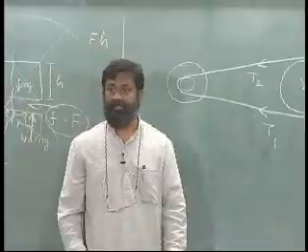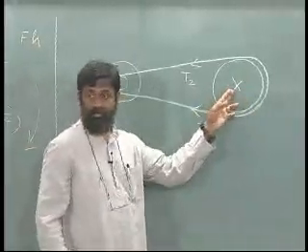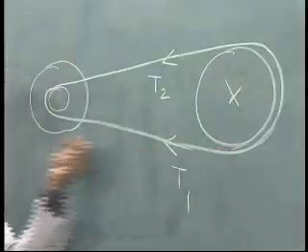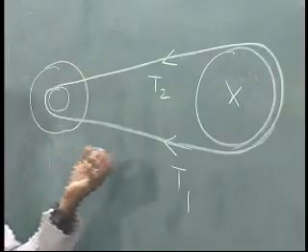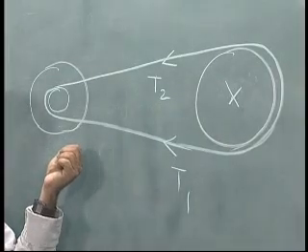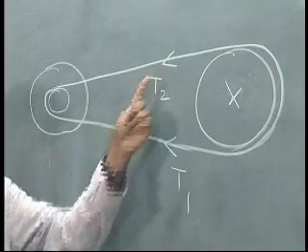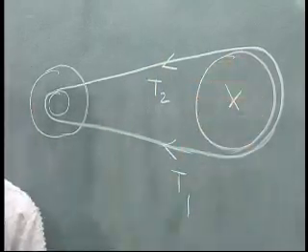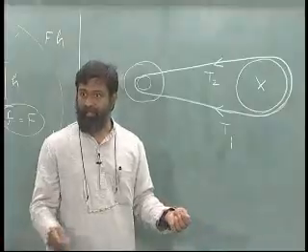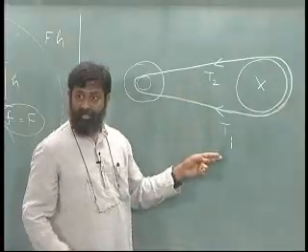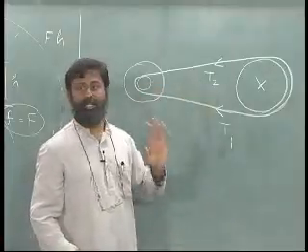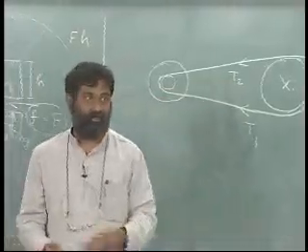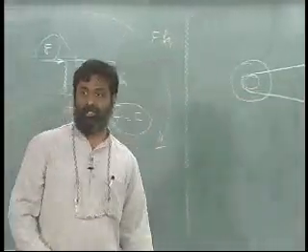Is this clear? This is not moving, I am pulling this with a tension T1. What do you realize? Is T2 less than T1? The answer is yes, because there is some friction that has eaten away some of the tension. T2 will be less than T1. Can I find out T2? That is the question. Let us answer that question.